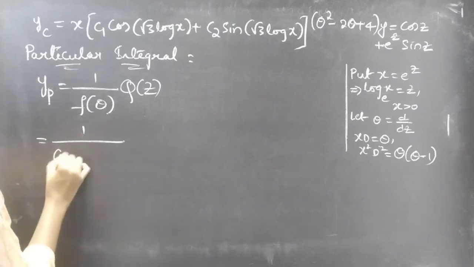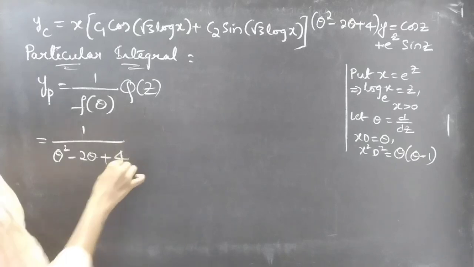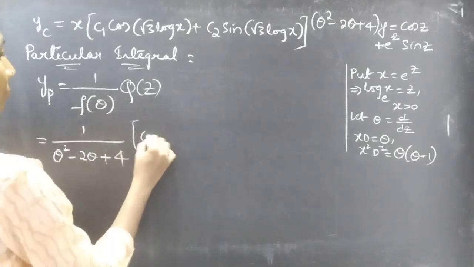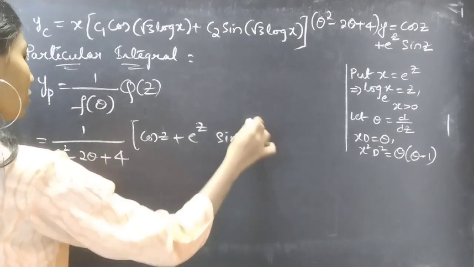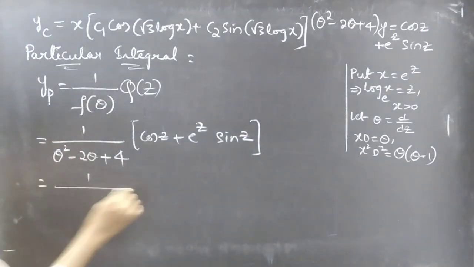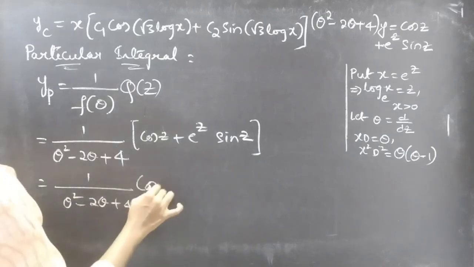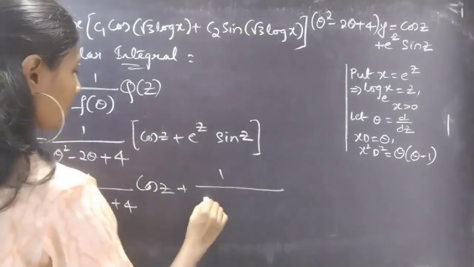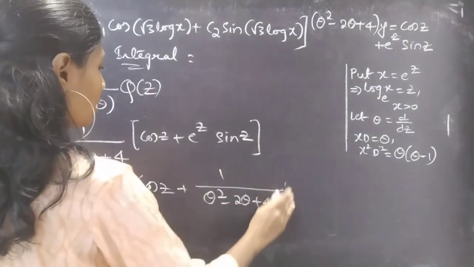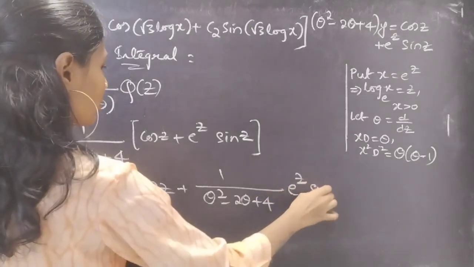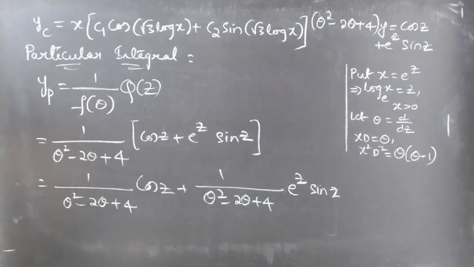Where f of theta is theta square minus 2 theta plus 4 and q of z is cos z plus e power z sin z. Also we can write this as 1 by theta square minus 2 theta plus 4 into cos z plus 1 by theta square minus 2 theta plus 4 into e power z sin z. Let's now find each term separately for our convenience, okay?